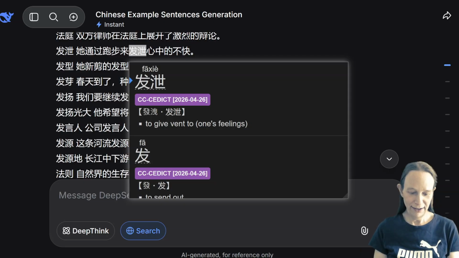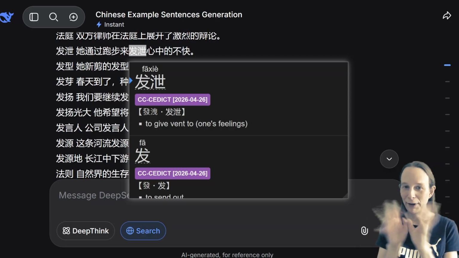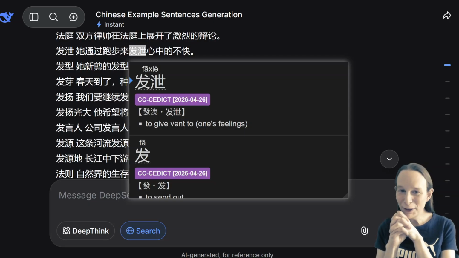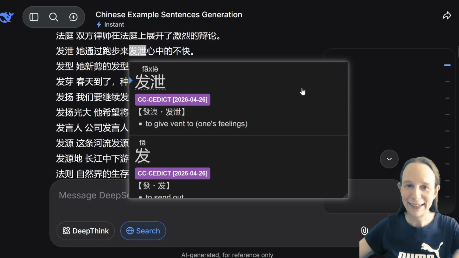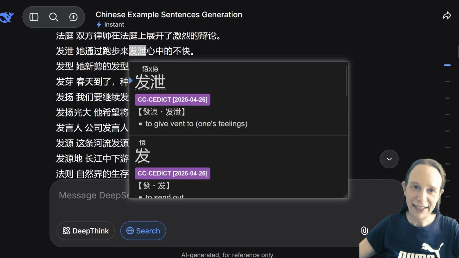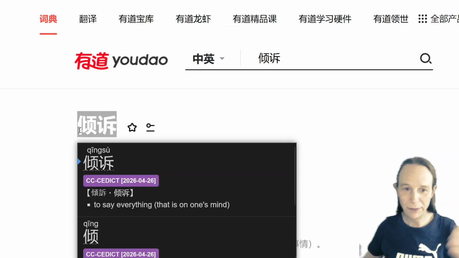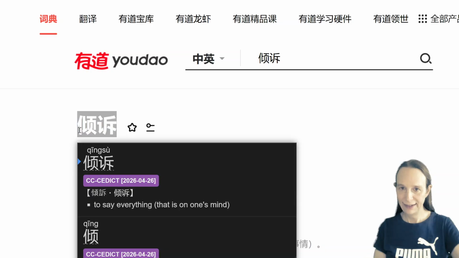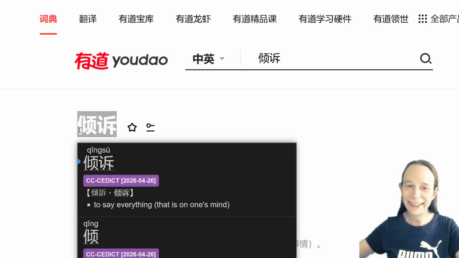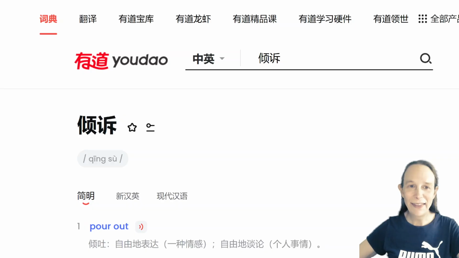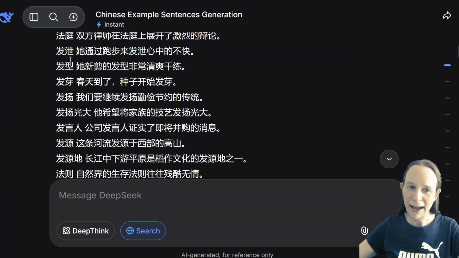So you kind of like 散发, you're emitting your feelings. All right. So there are other words for venting. 倾诉, I think, is the most common. This seems to be the most common for venting. There might be others. There probably are.